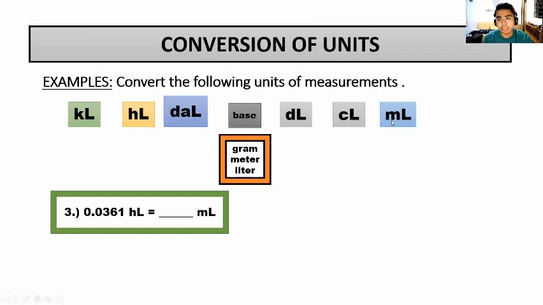So i-move natin yung decimal point ng 5 beses, mula kaliwa papunta sa kanan. So solution, 1, 2, 3, 4, and 5. So magdadagdag tayo ng dalawang 0 and boom. So we have 36,100 milliliter in 0.0361 hectoliter.